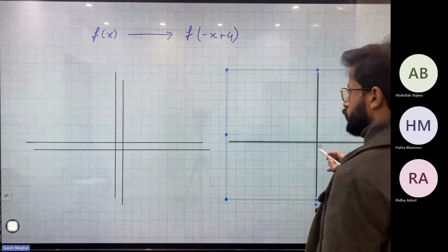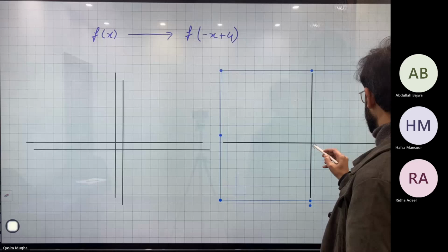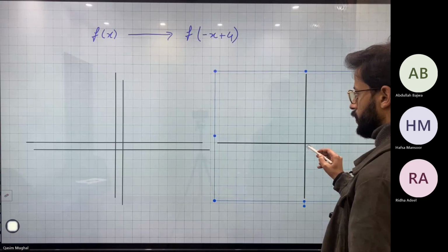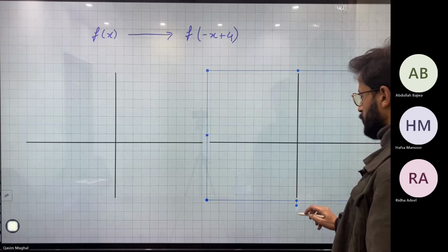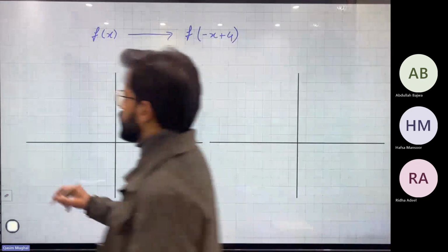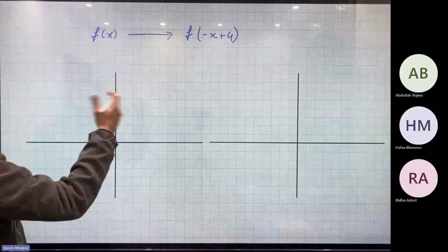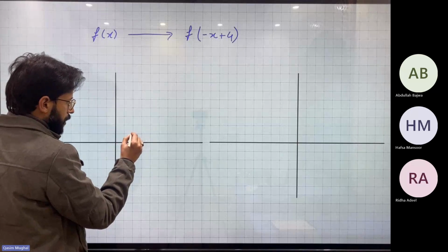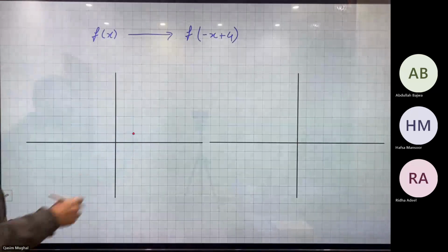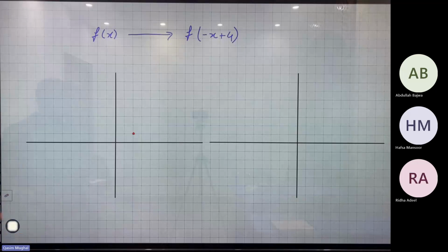I'm going to draw the two grids here in order to verify which one is correct. Let's take a point. I'm not going to draw a function or a graph. I'm just going to consider a point and we'll apply both the routes separately.